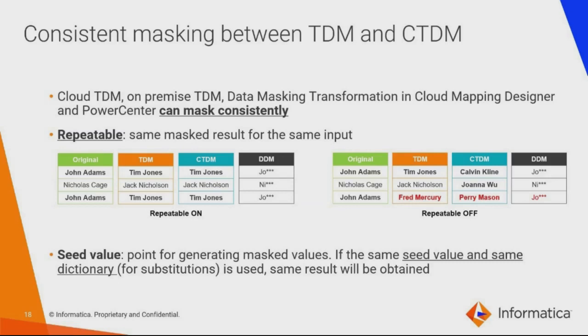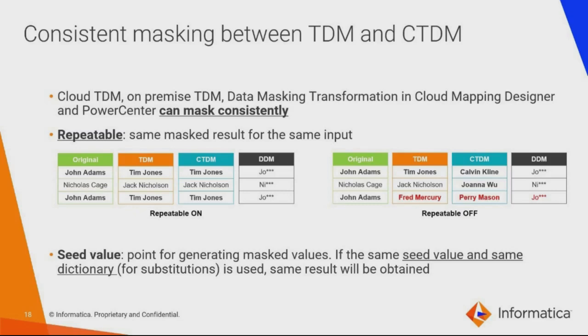The third and the fourth options are the on-prem test data management that we have, and you can also develop PowerCenter mappings that can contain the data masking transformation. We can actually get a consistent output using all these four variations of tool sets, so long as we follow these four rules, or four guidelines.